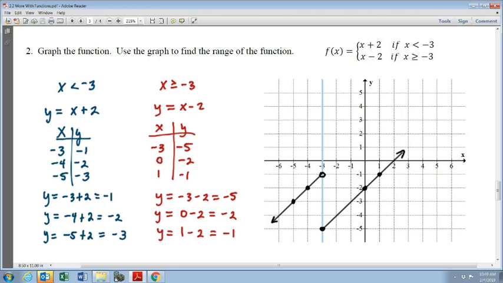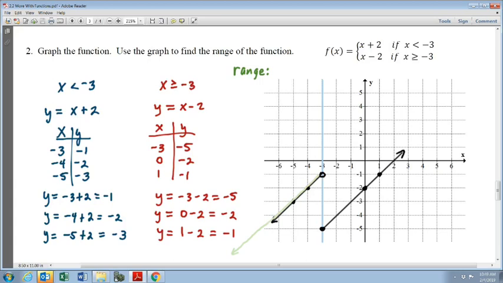Alright, so we're supposed to find the range here. So we want to go from the lowest to the highest point, and we want to look at y values. Notice this piece doesn't have a lowest point, and it comes up to, I'm sorry, actually the y value at this point would be -1. But notice here we're actually at -5, and we go up.